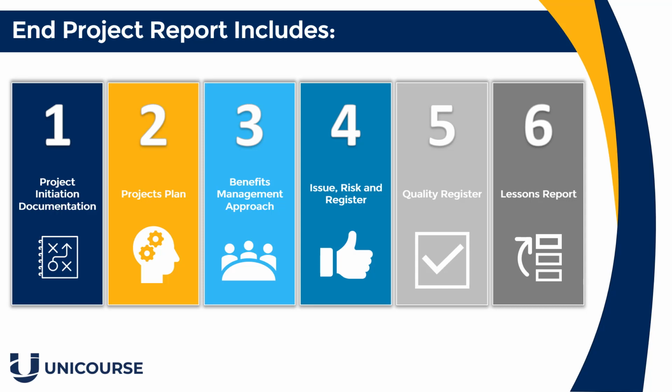Organisations often keep a log to document when an issue or a risk has been opened or closed, and it's important as a project manager to check the progress in resolving the issue. But this can be kept as a document, the issue log, the risk log, and that can all be accumulated and added to the end project report.